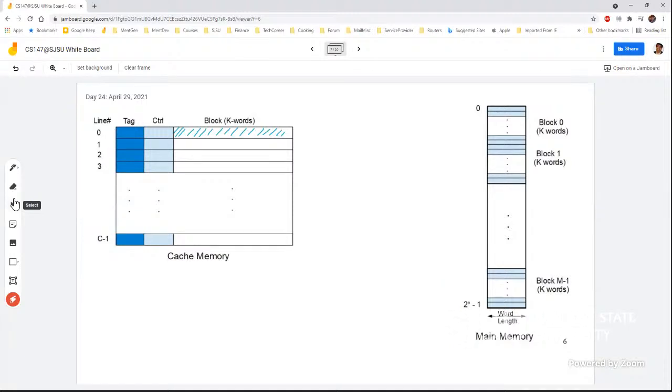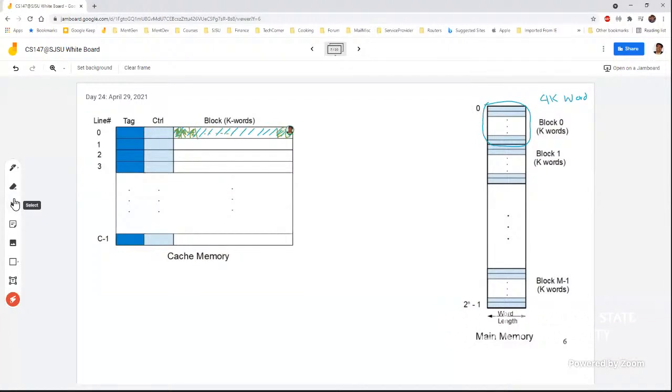Let's say this is a k word block, say a block size of 4k words, with word 1, word 2, word 3, like that, the entire 4k words.